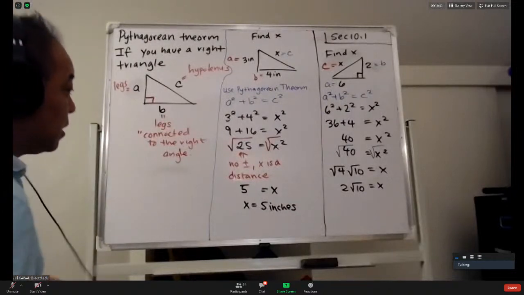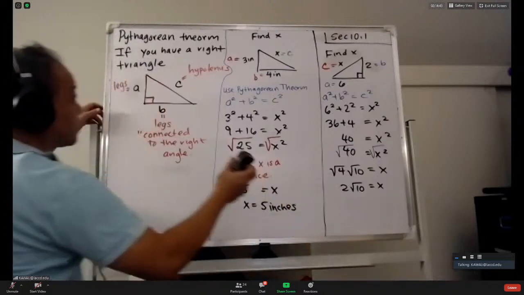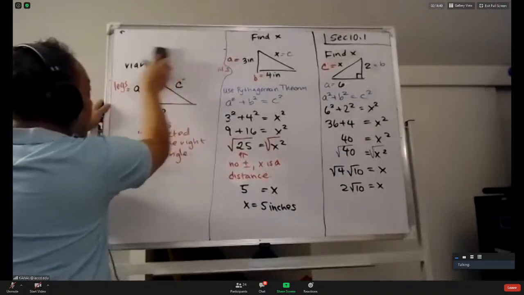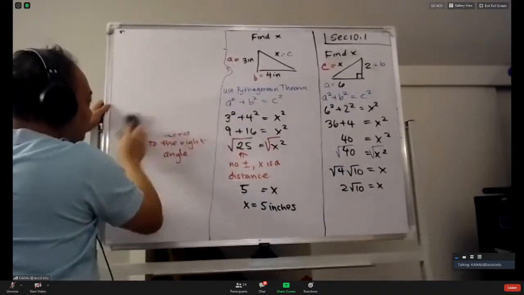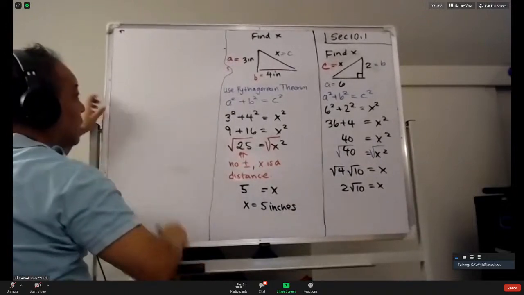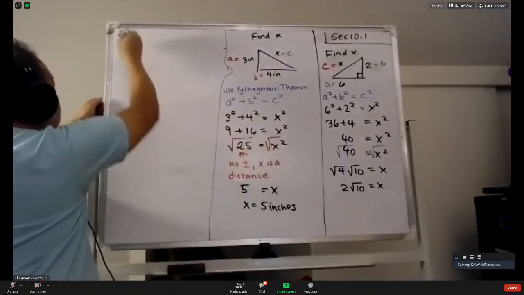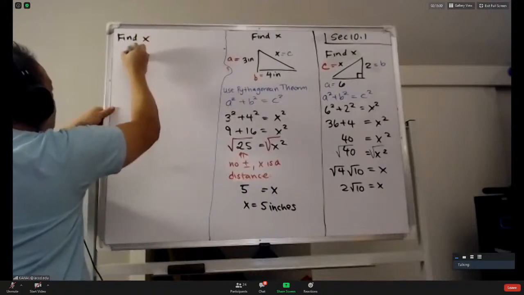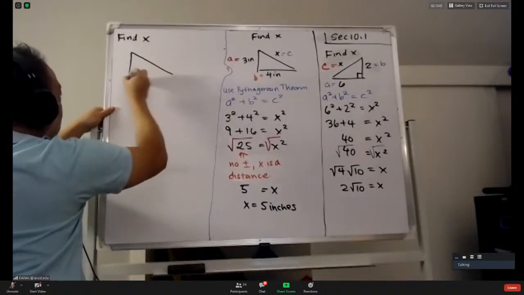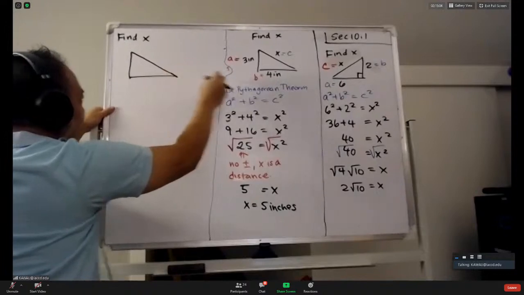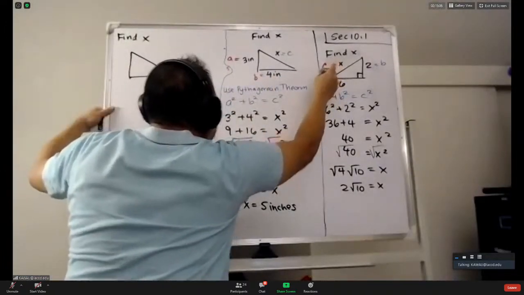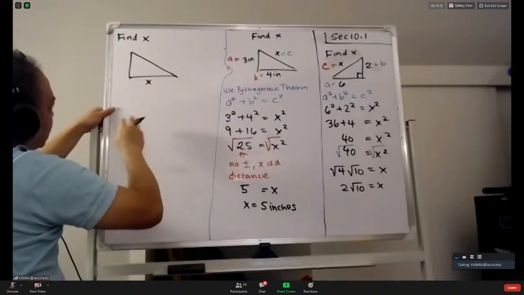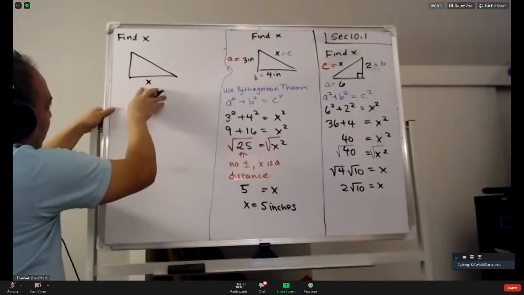Okay. Now, all right, let's go over here. Now, there's 2 ways for me to ask you this question. So one way is this way, and the other way is this way. So in both of these questions, my x is the hypotenuse. I can also ask it to you where x is one of the legs.